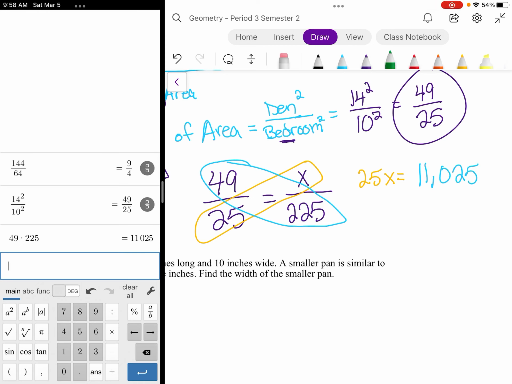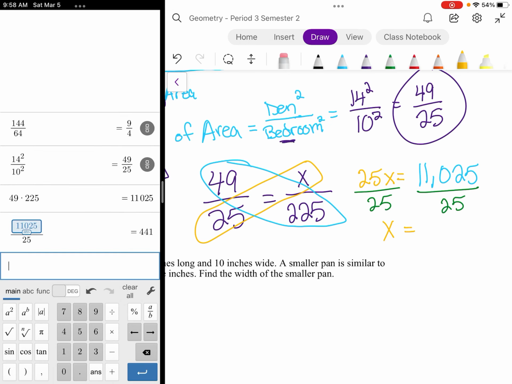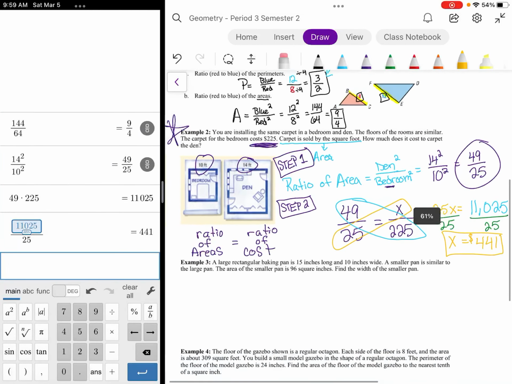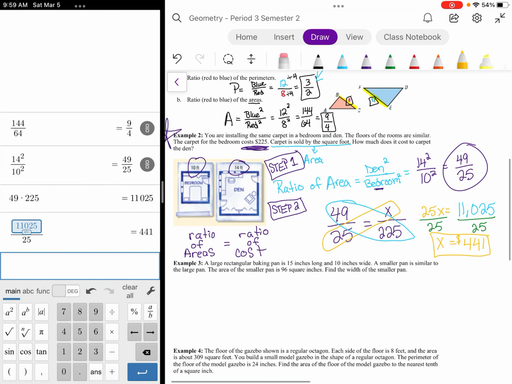Get x by itself, and we will end up with x equals $441. And that is going to be the cost for the den, which makes sense that that is greater than the cost of the bedroom because the den is bigger than the bedroom.